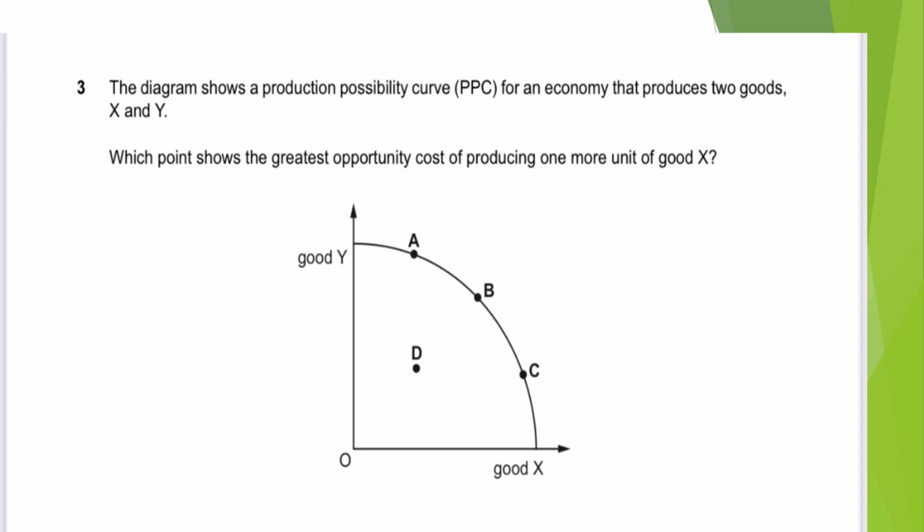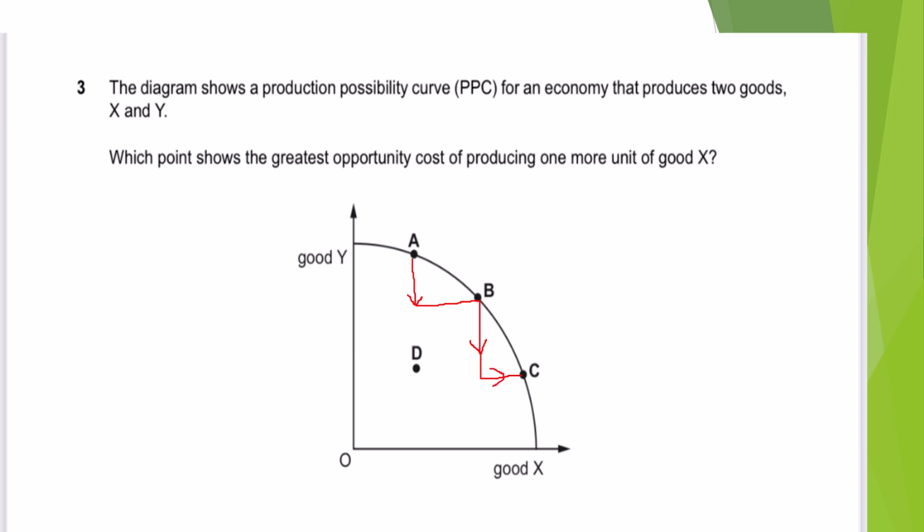Now we have to decide among these three points. Here we are foregoing Y for an extra unit of X. Again, we are foregoing Y for an extra unit of X.